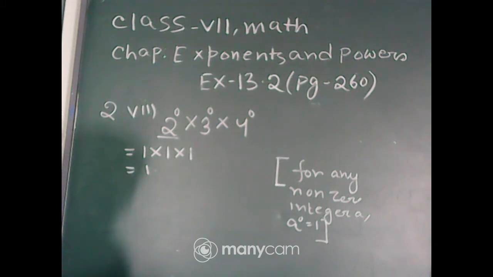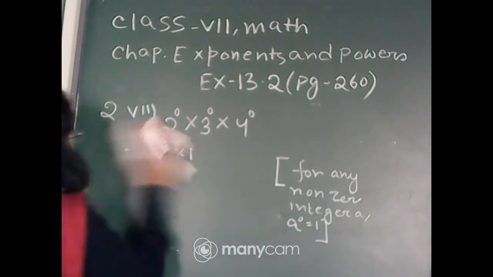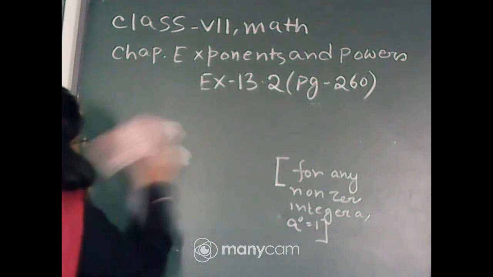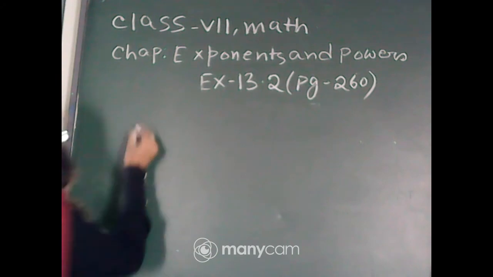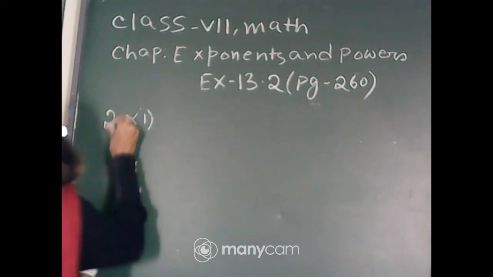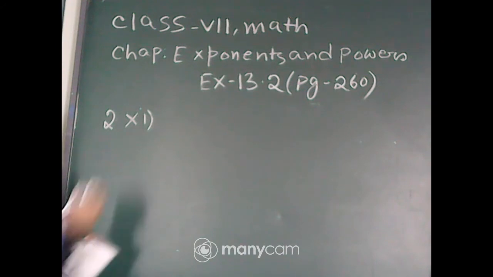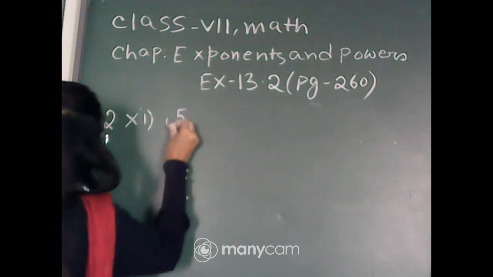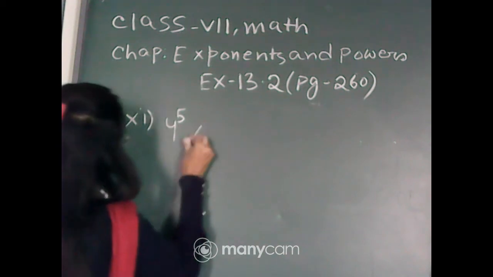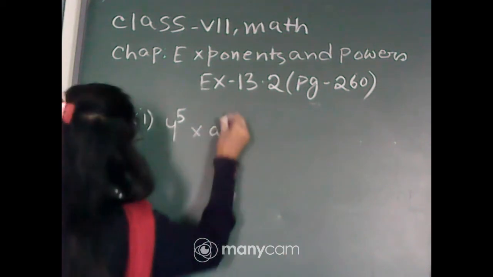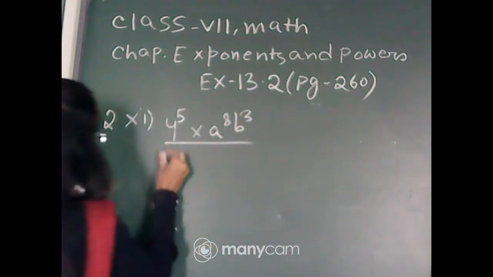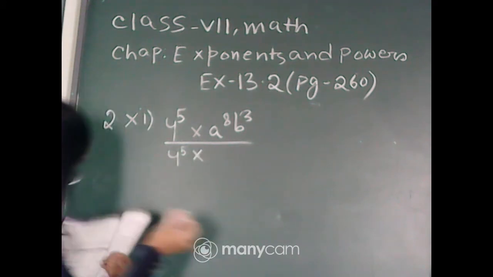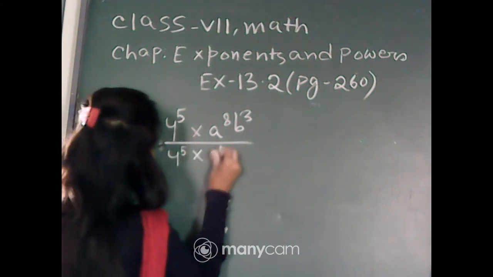Next, question number 11. Question number 11 of 2. Here the given math is 4 to the power 5 into a to the power 8 b cube divided by 4 to the power 5 into a to the power 5 b square.